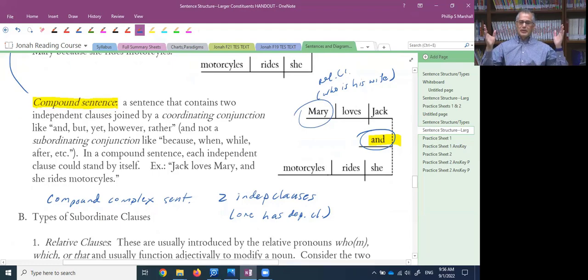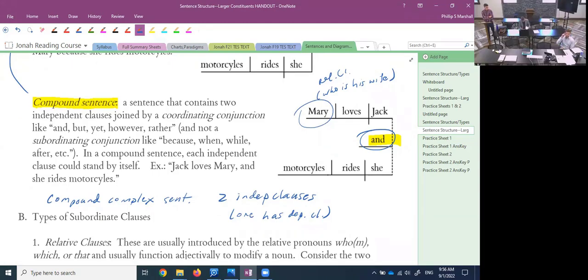And so it could just be no conjunction, two sentences just slapped up next to each other. For example, when it comes to translating Hebrew into English, like our English Bible, are those decisions just made by the translator to separate those into separate sentences, or to make it a compound sentence? Is that just a decision that has to be made on their part?